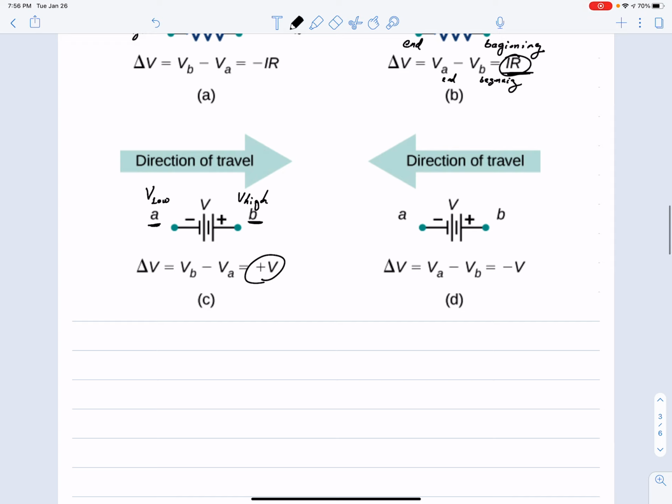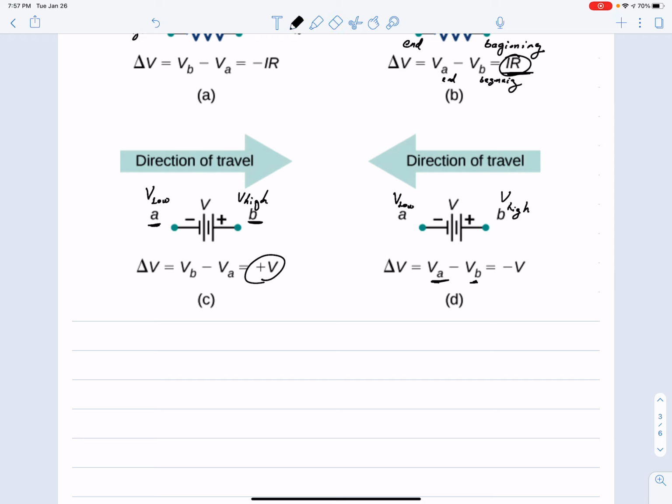In the opposite direction, this time around, it still applies low, high, but because it is a change and we always start here at the end, this is VA minus VB, where we initially start, the beginning.